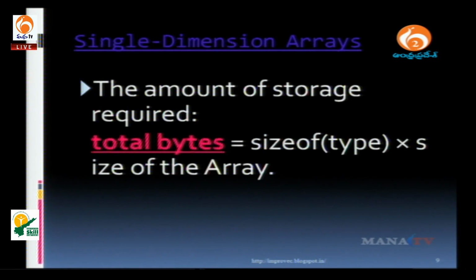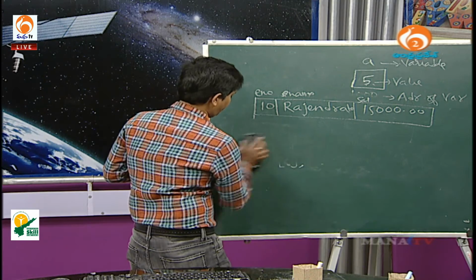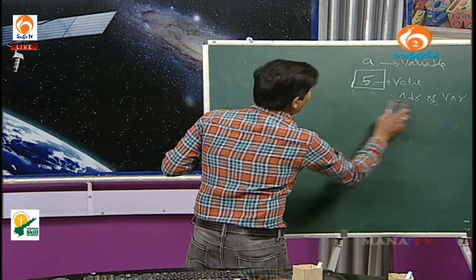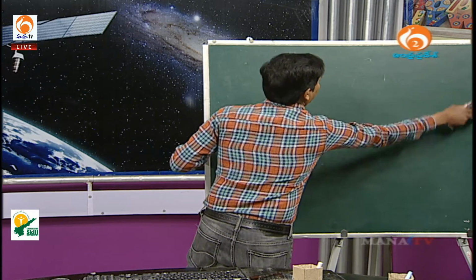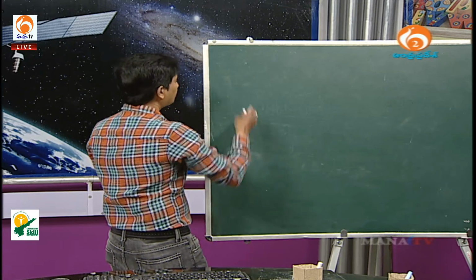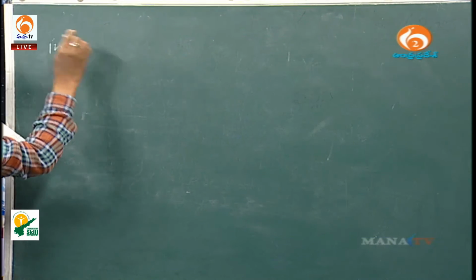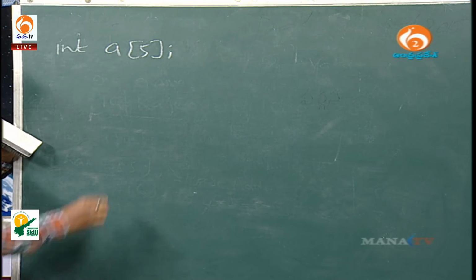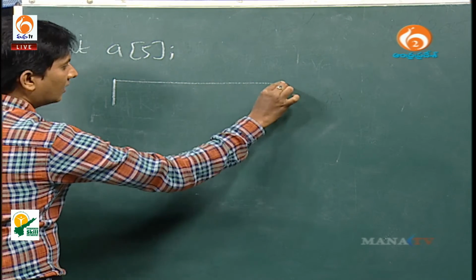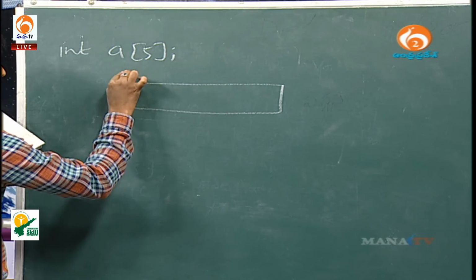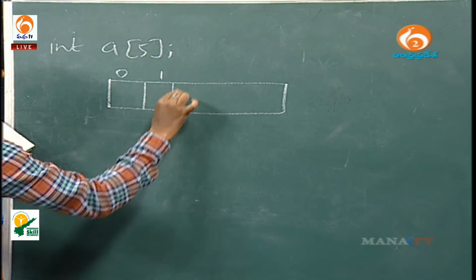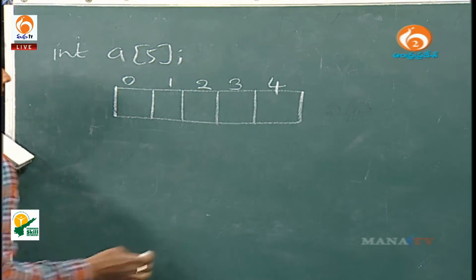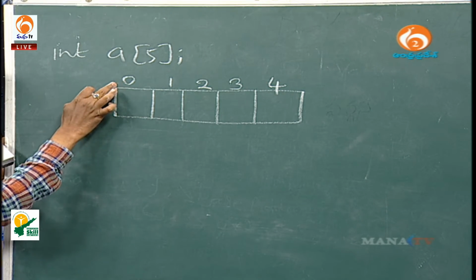For example, if you take int a[5], it is created with size 5, indexes 0, 1, 2, 3, 4. Why 4? Because we start with index 0, right.